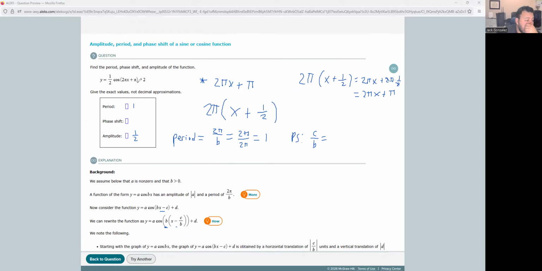So our C, strange, is negative pi over 2 pi, which is the B. So it should be negative half.